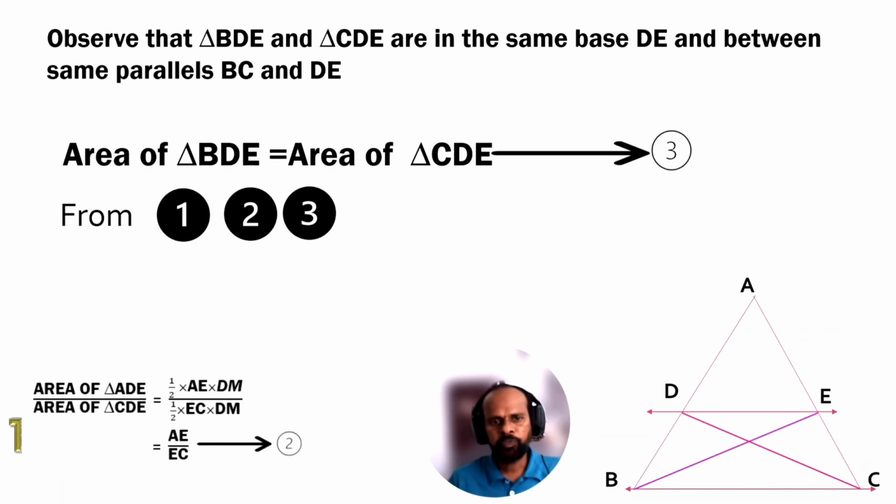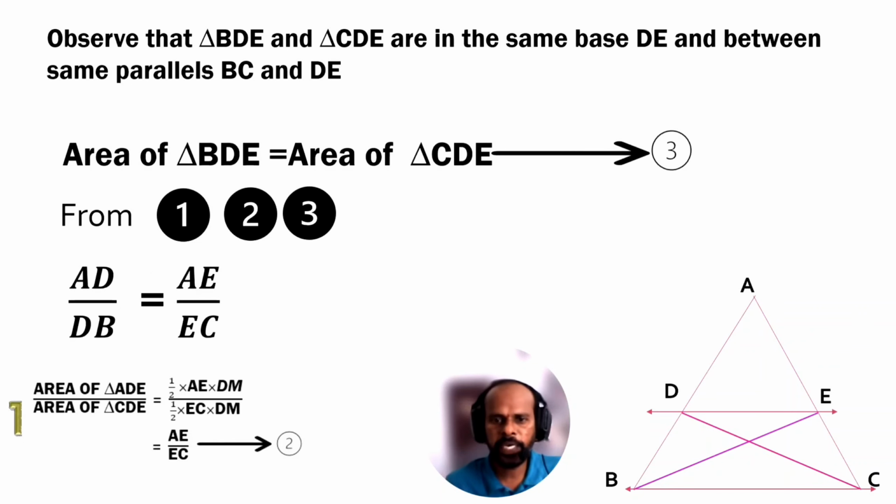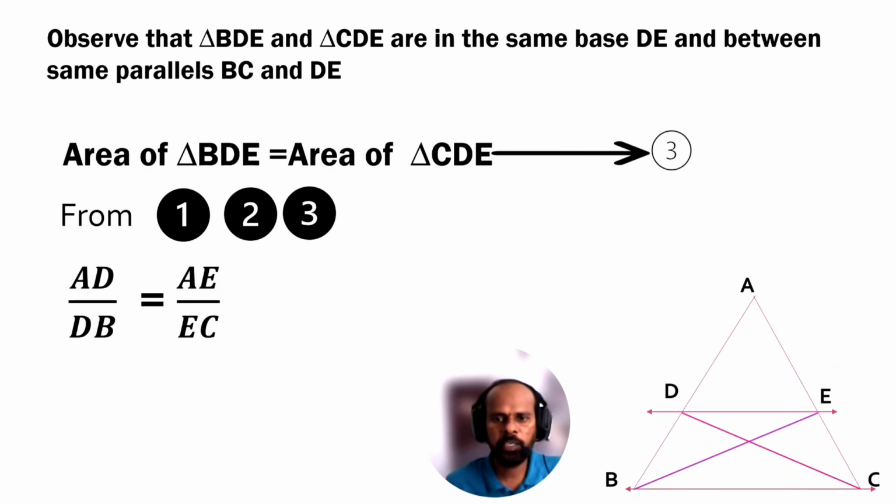And next, from results 1, 2 and 3, as you got in the previous ones, we can conclude that AD by DB is equal to AE by EC. Why? Area of ADE by area of BDE is equal to area of ADE by area of CDE, since the areas of BDE and CDE are the same.